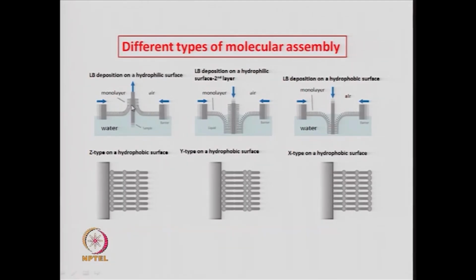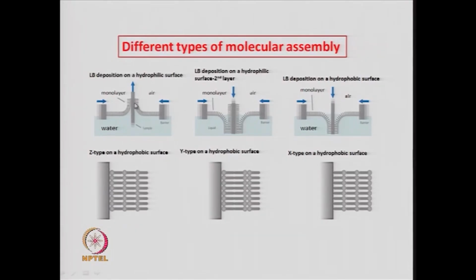So, you put in pressure from either side. The two barriers are moving in and one monolayer is forming at the water and air interface. On top you have air, below you have water, and you have a monolayer or an assembly of molecules at the air-water interface.